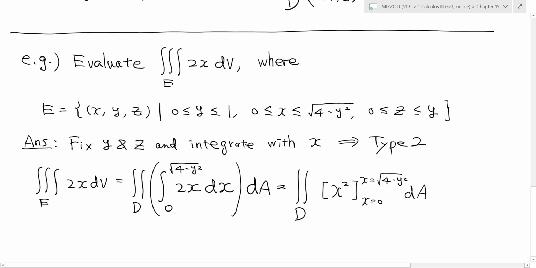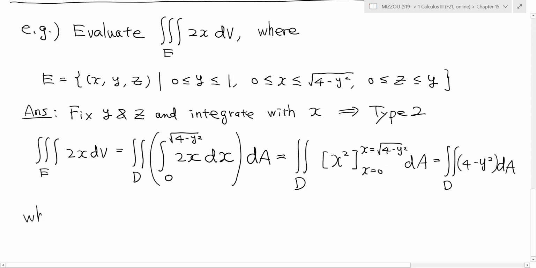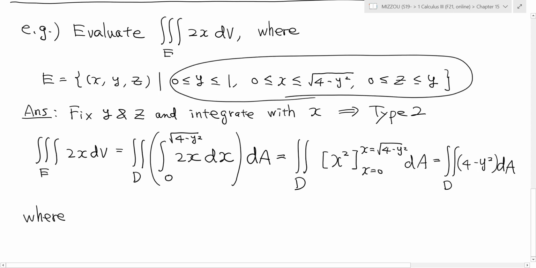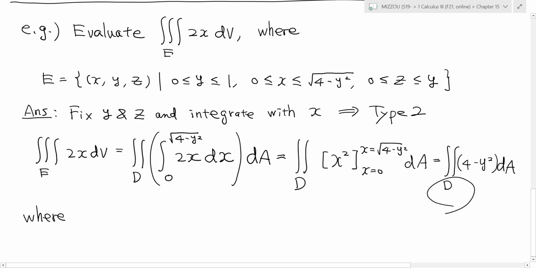And then this is equal to the double integral of 4 minus y squared dA. Now we've got the double integral. Then find out what D is. If you could visualize the picture of this solid, like I said, D is going to be the shadow.